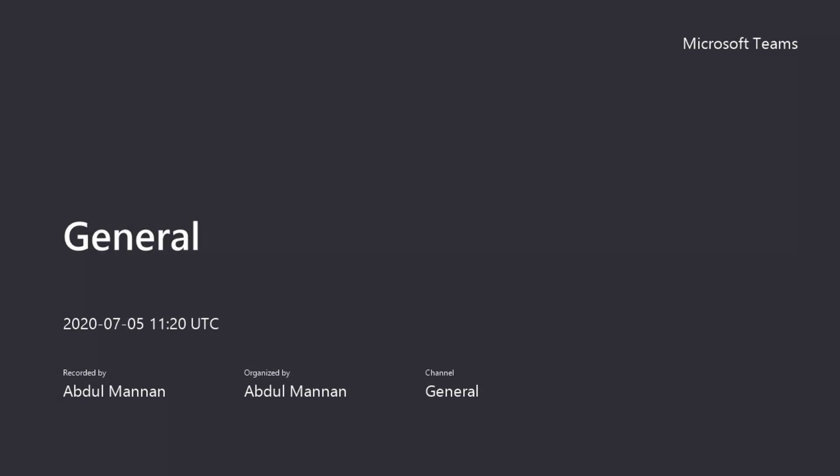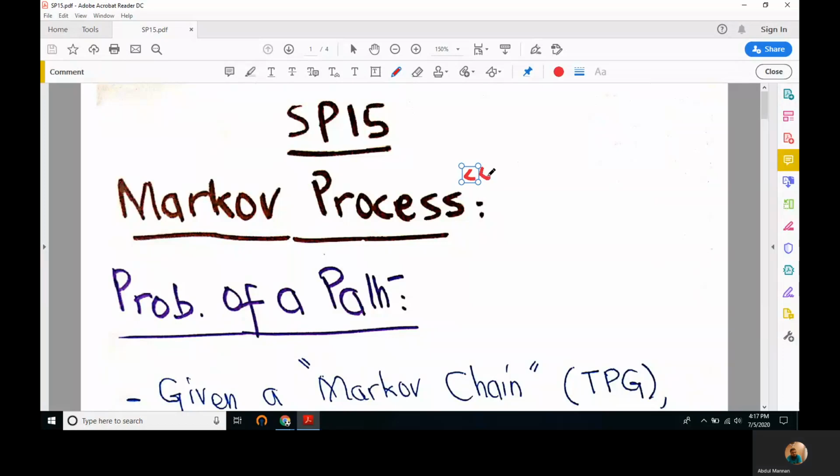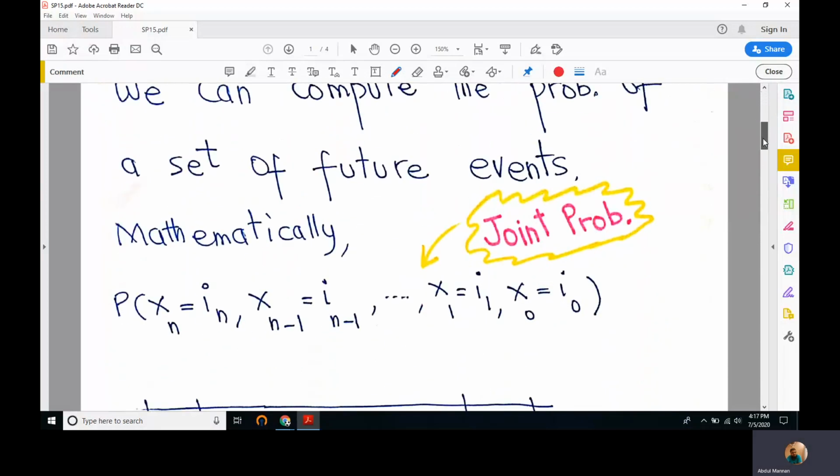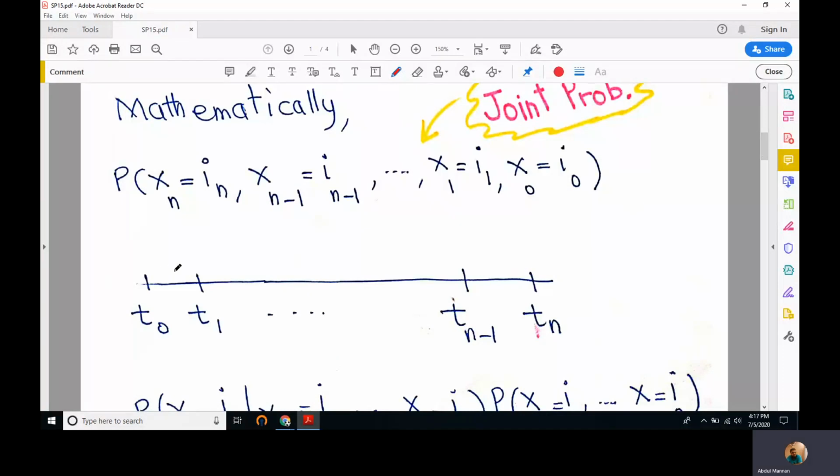SP15. We will continue studying Markov processes, and in previous lectures we have studied that the probability of a process, that is a Markov process, at any given time n is dependent on what has happened at n-1 and is independent of whatever has happened before.